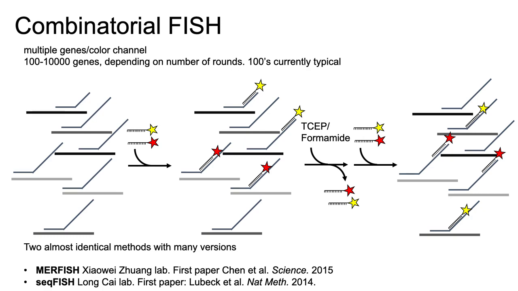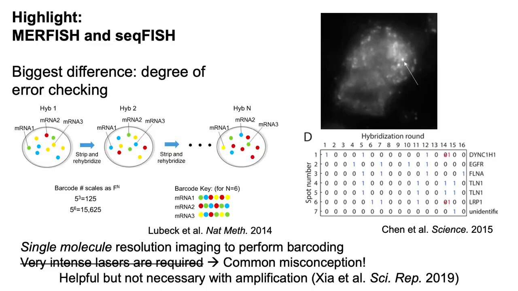So when you think about MERFISH or SeqFISH, you really should think about what year of MERFISH or SeqFISH you're talking about. The only real difference between the two protocols is the degree of error checking. So I'll show you what I mean here. This is the figure from the first SeqFISH paper, and it gives you a better sense of how the method works as well.